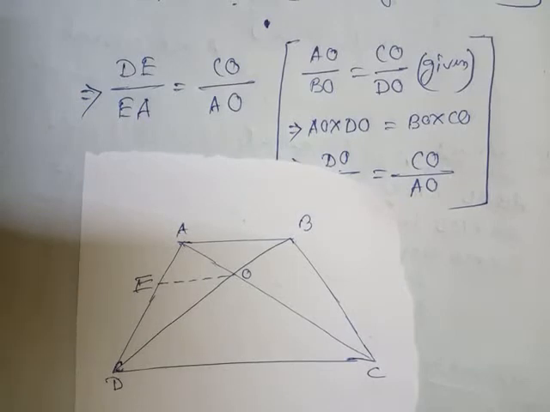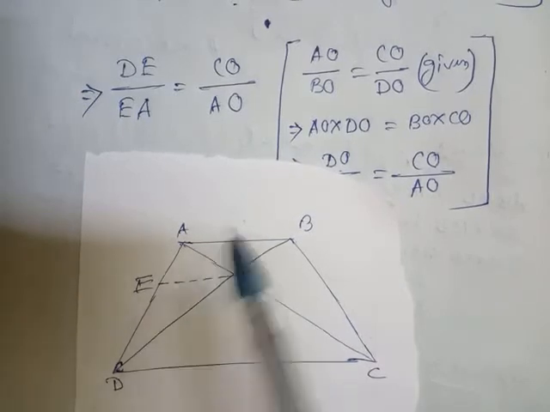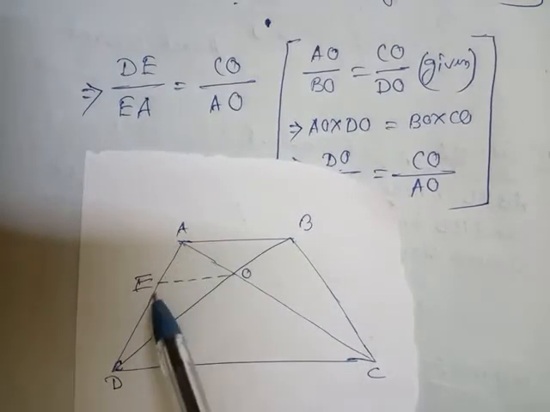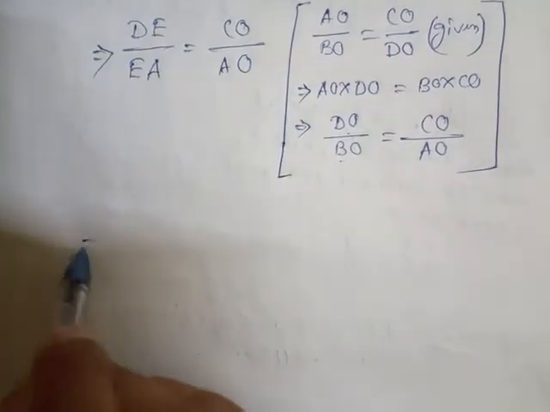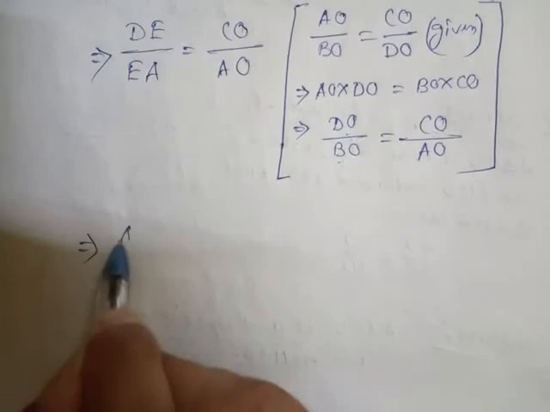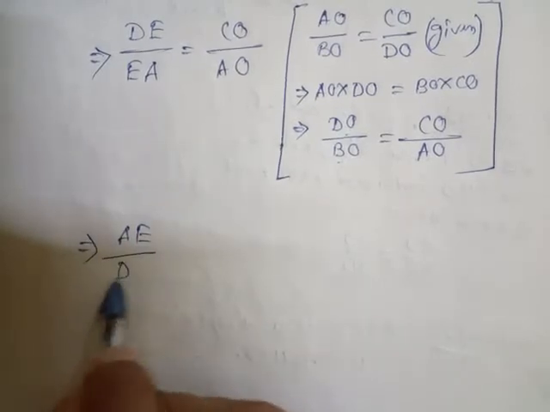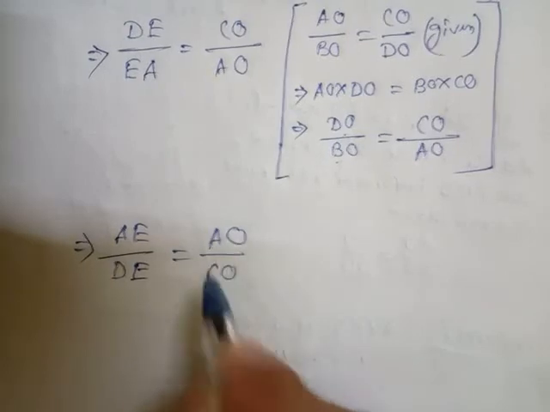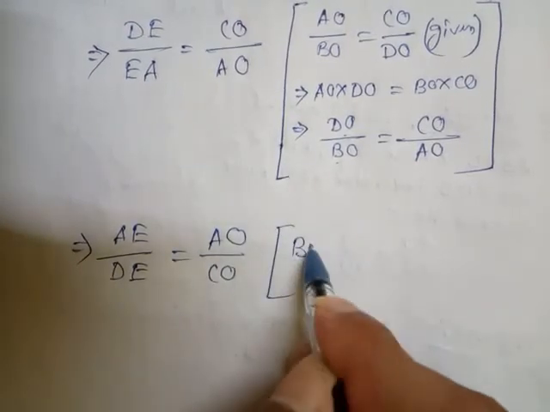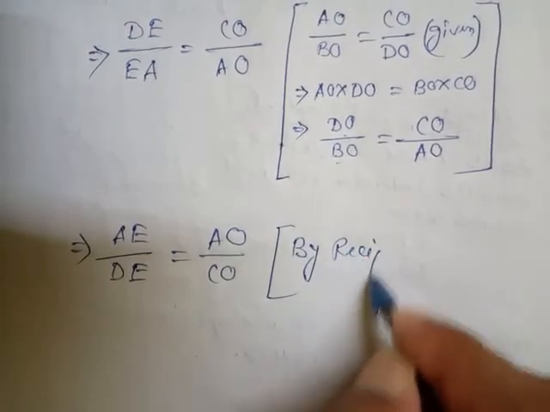After that, if I go for the reciprocal, then AE by DE equals AO by CO. This is by reciprocal.